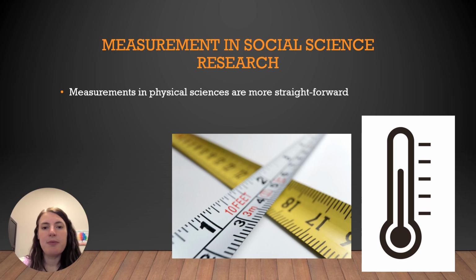Now, careful and deliberate observations don't sound so hard, right? Why do you need a whole class about how to measure things? The importance of this class stems from the unique challenges of social science. In the physical sciences, measurement is pretty straightforward. You want the number of legs on an insect? Count them. You want to measure oven temperature? Use a thermometer. You want to find out how big your room is?